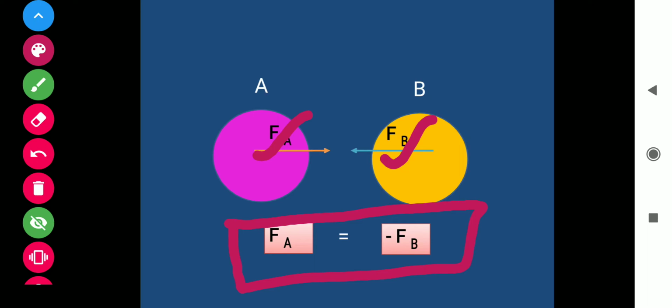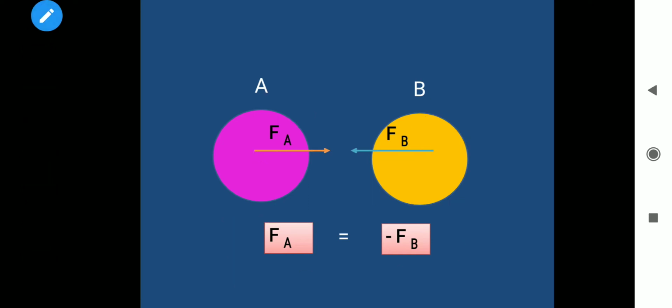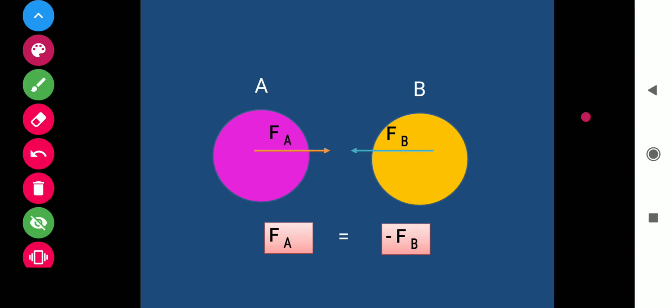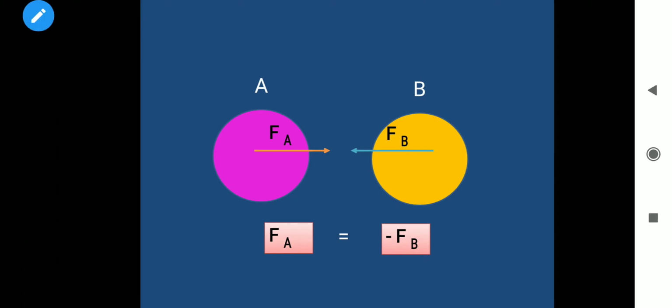So this is the mathematical interpretation of the third law of motion. To understand this, let's consider the examples.